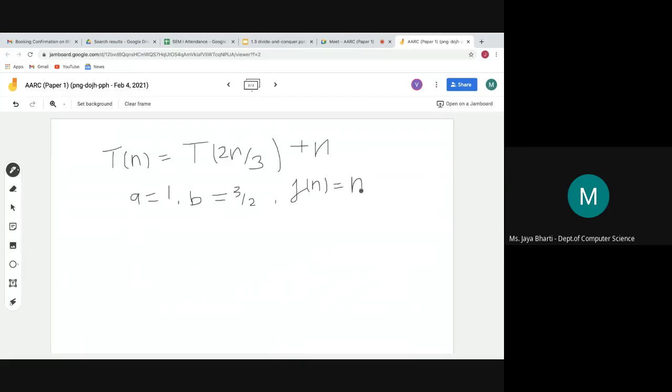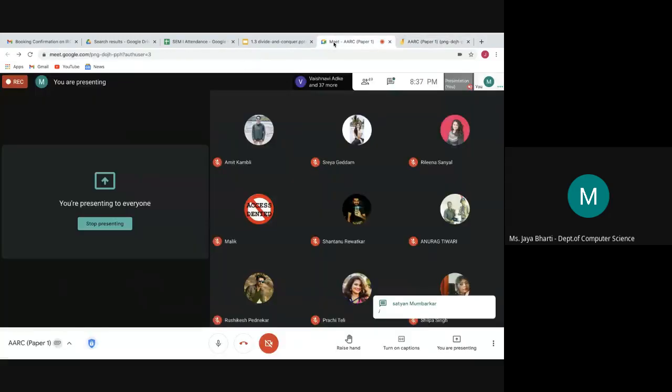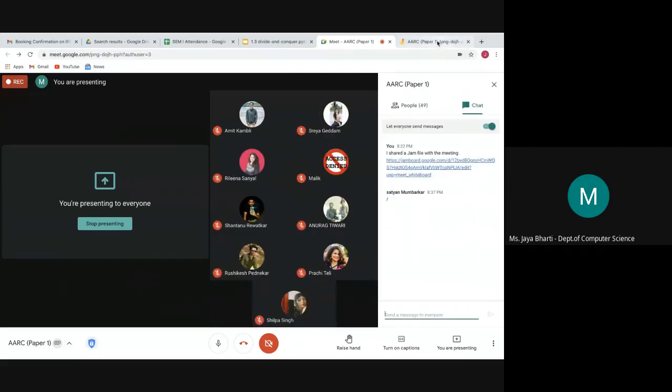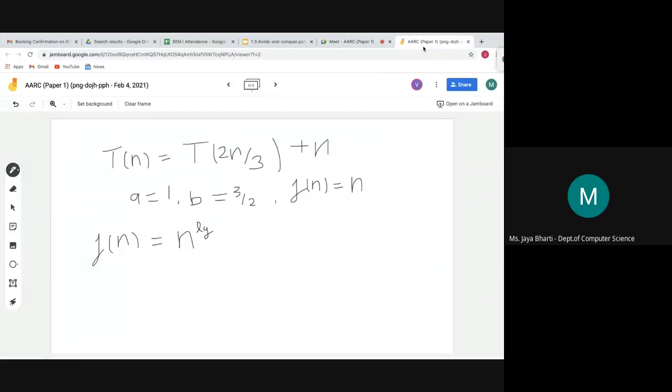Okay, so we will compare. So comparison कैसे करना है, f of n, we need to check firstly n to the power log 1 base 3/2.